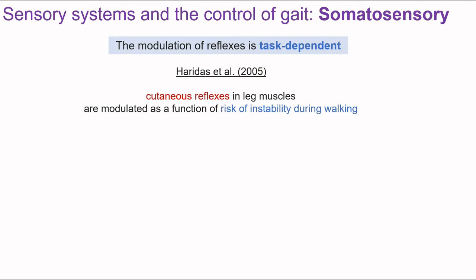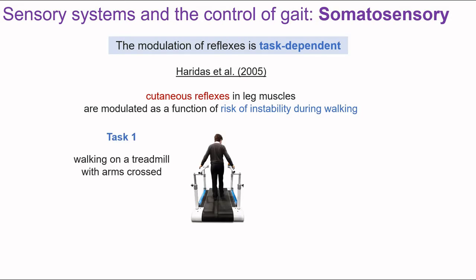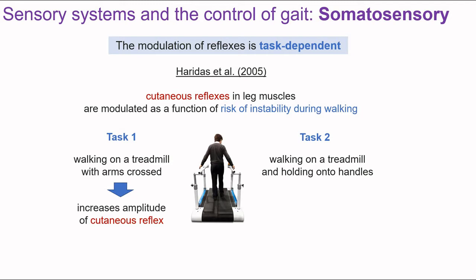Haridis and colleagues investigated two tasks. The first task involved walking on a treadmill with arms crossed, and the second task involved walking on a treadmill while holding onto handrails that help stabilize the posture of the body. In the first task, Haridis and colleagues observed an increase in the amplitude of cutaneous reflex responses.